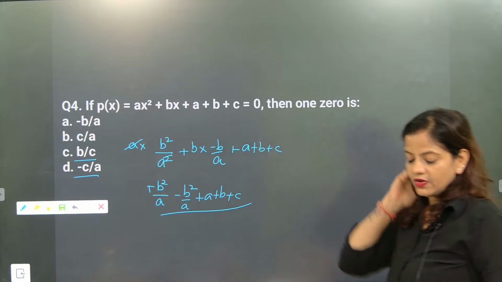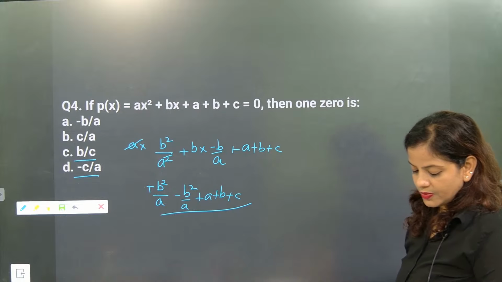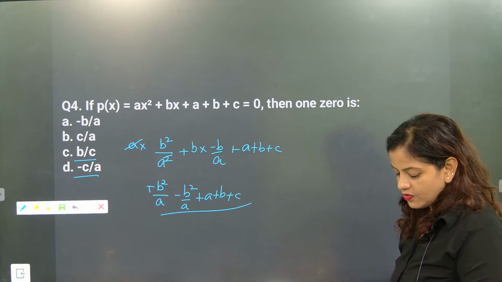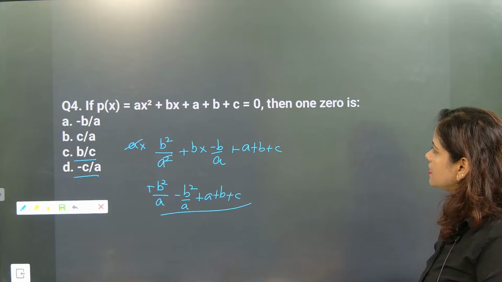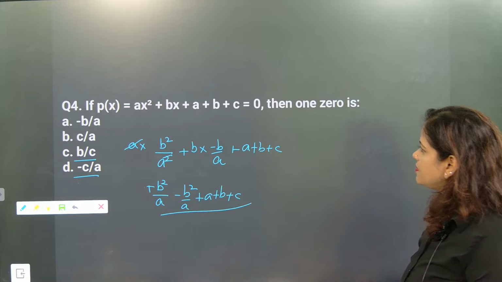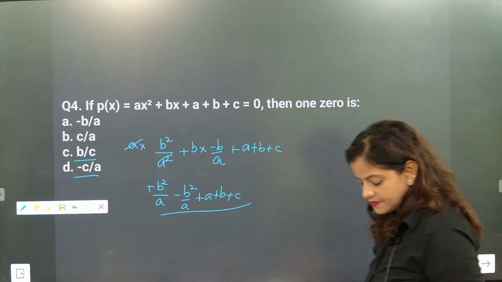Just substitute the value and tell me the answer. Which one is going to be the correct one? The moment you put the values, I think some mistake is there, because a plus b plus c is not coming.